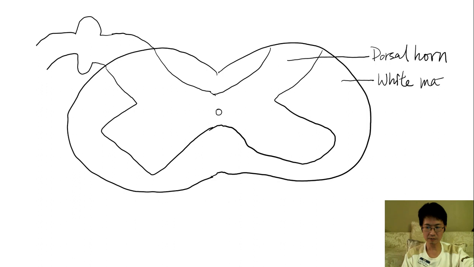It's a brief review of your anatomy. We call this gray matter. We call this ventral horn.